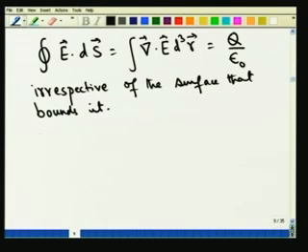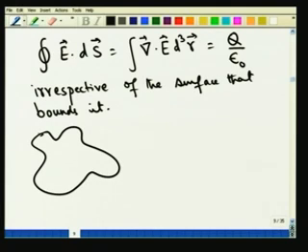Now, suppose you had not one charge but several charges. So, again I am going to write down a surface here. This is my surface enclosing a certain volume. I have a charge q1, q2, q3, q4, and so forth.